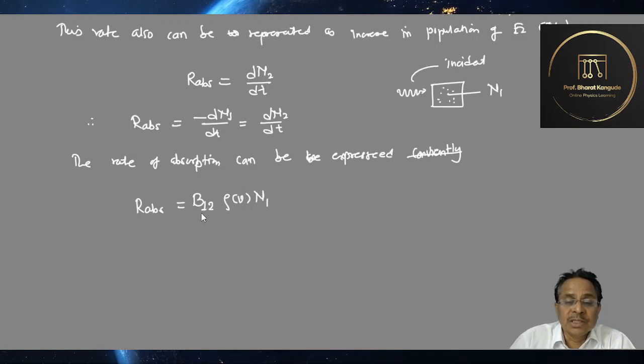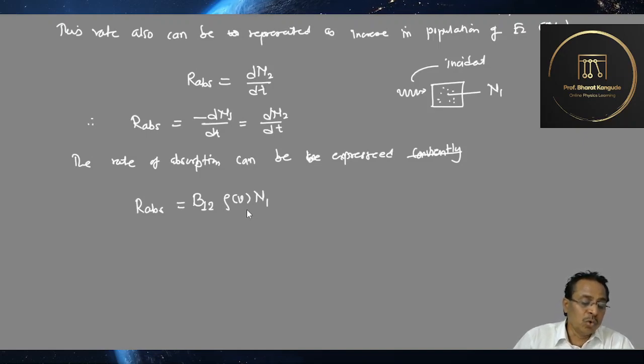So this is a transition going from energy state E1 to energy state E2, and this rate of absorption in this case is equal to this transition coefficient B12 times rho nu, the photon intensity or number of photons incident, and N1 is the population of state E1.